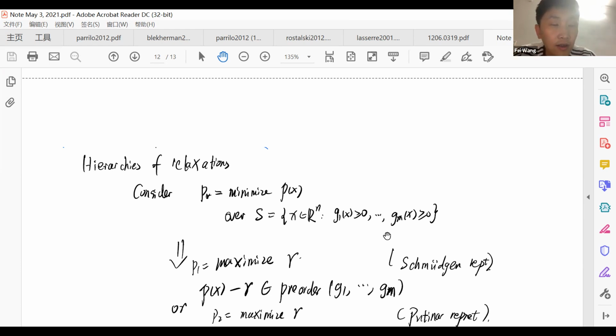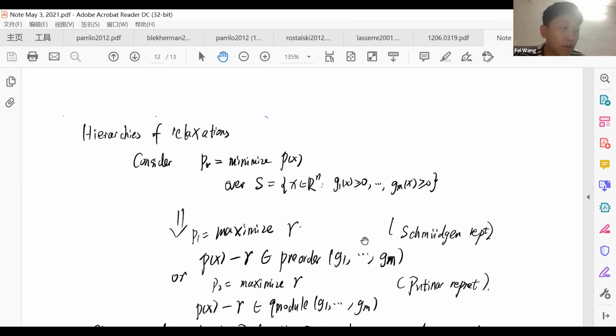By increasing the degree bound, we have a better approximation of the original non-convex problem, and eventually we have a monotone sequence of optimum values, which will converge to the global optimum of the original non-convex problem.